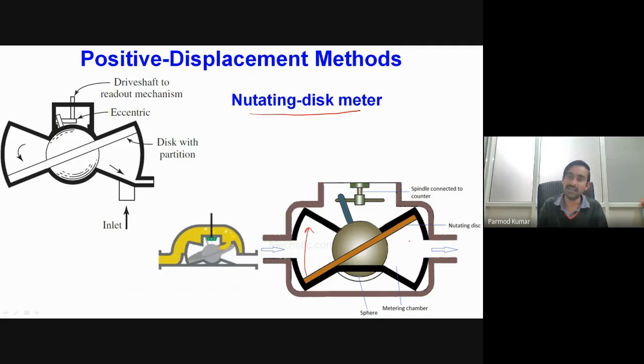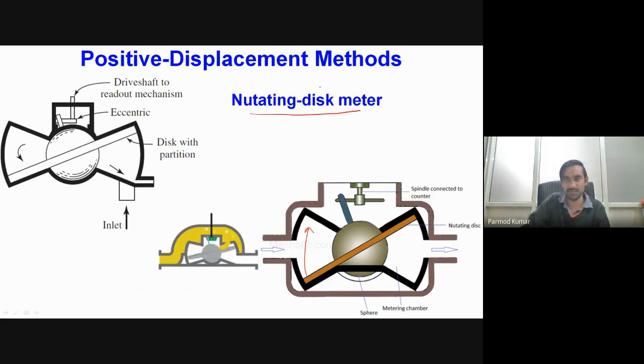We can relate the upward and downward motion of the disk with the number of times it has moved, and based on that we can find out the flow rate.